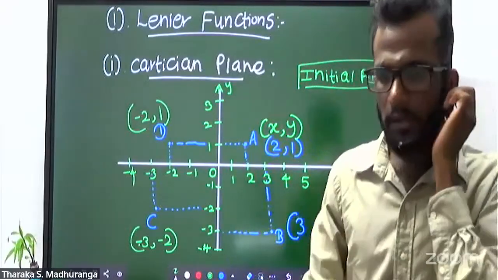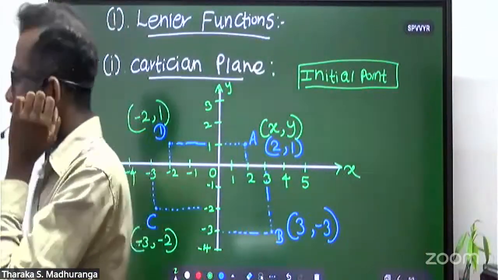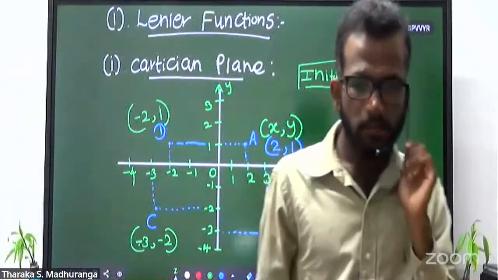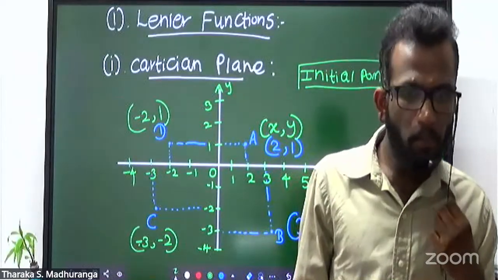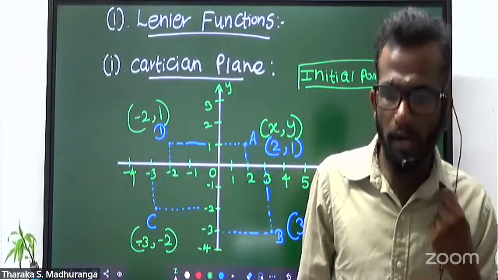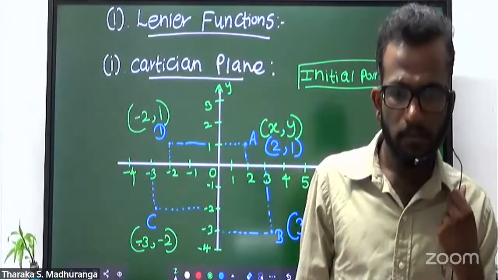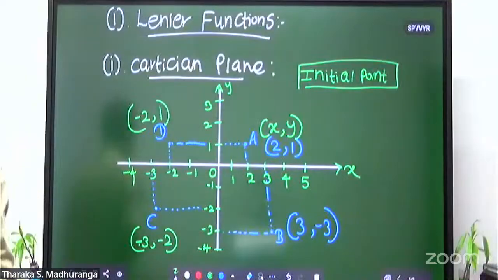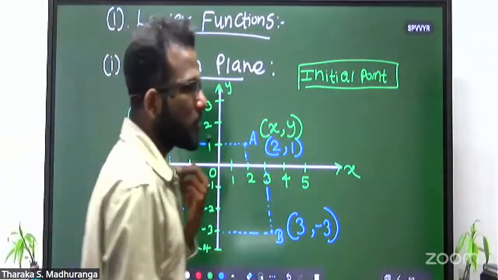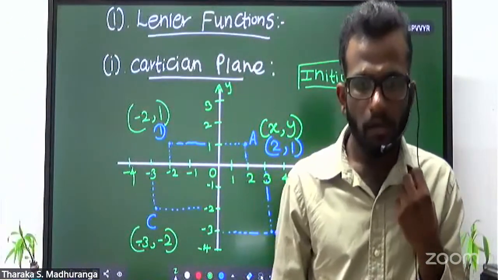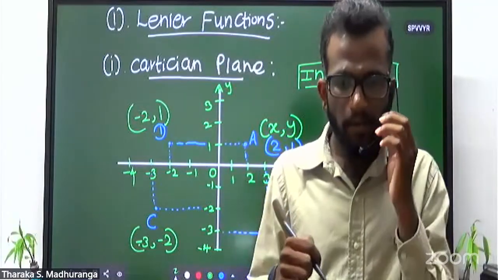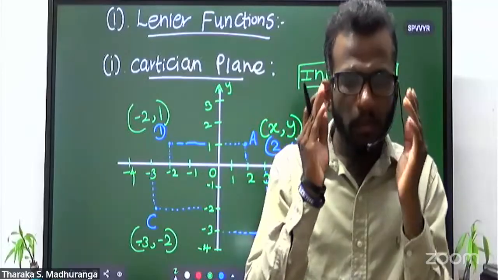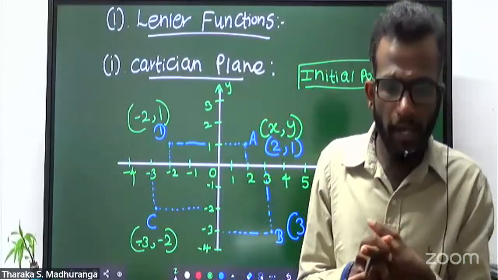Third point. Any point on the Cartesian plane can be described by coordinates.